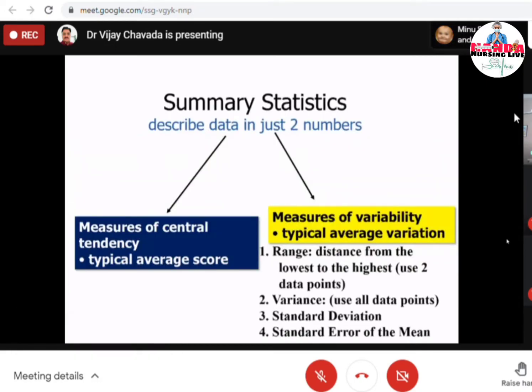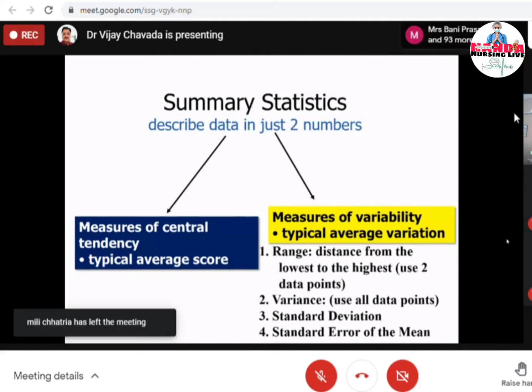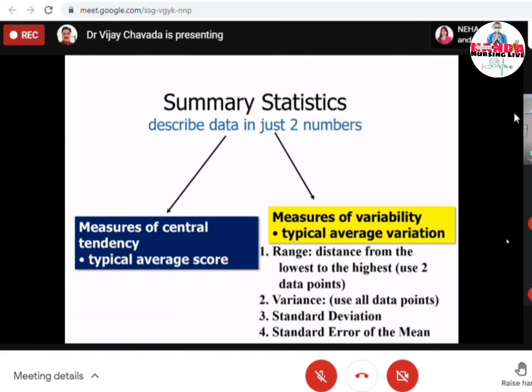Now the second one is the statistic that describes the data in just two numbers: measures of central tendency, the typical average score, and measures of variability. The measures of variation include, number one, the range, that is the distance from the lowest to the highest value, the maximum value and minimum value.